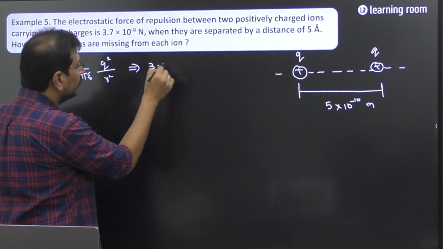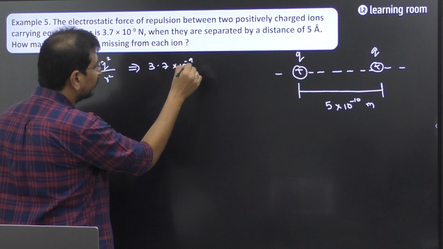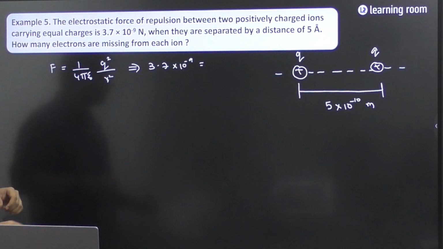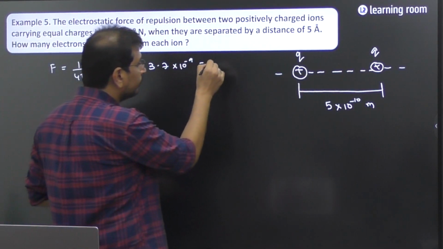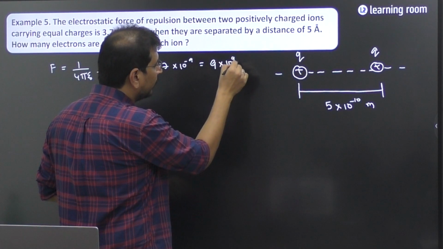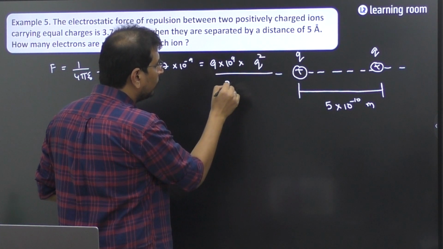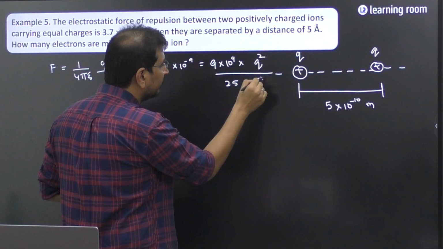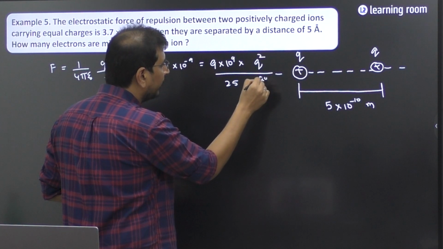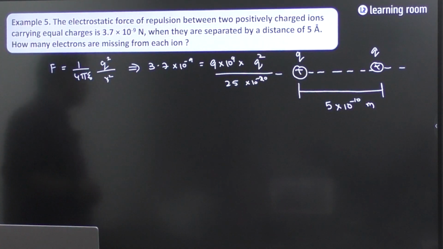It is 3.7 into 10 power minus 9 is equal to, what is 1 by 4 pi epsilon naught? 9 into 10 power 9 into Q square, I don't know, divided by 25 into 10 power minus 20. Why 10 power minus 20? Because it is R square. 5 square is 25, 10 power minus 10 squared is 10 power minus 20.